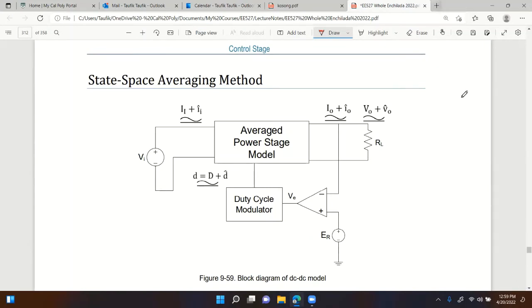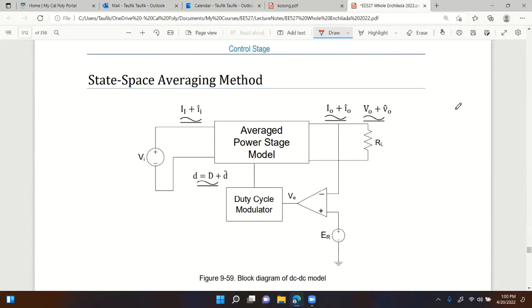As we know, for DC to DC converters, let's just look at the basic ones, right? Buck, boost and buck-boost. For those circuits, there are only two states, right? The state where the switch is on and the state where the switch is off.